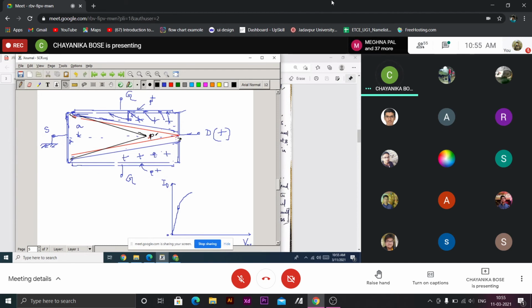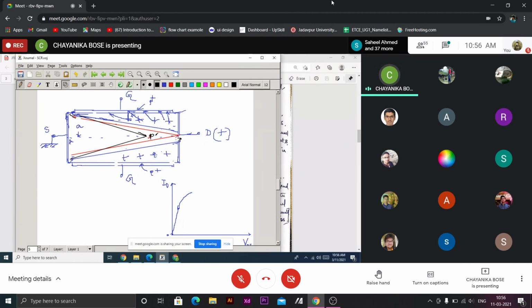Now, apparently, since the neutral channel is absent there, it will appear that the current flow should stop. But current will flow, and it will not vary further, because for 7 volt drain voltage, it is 5 volt at this point. So the pinch-off point has shifted towards the source end.